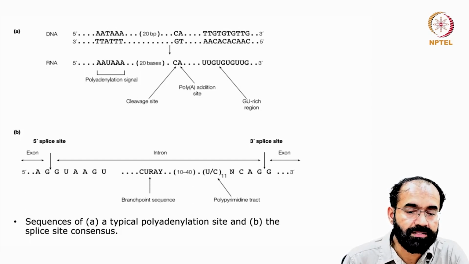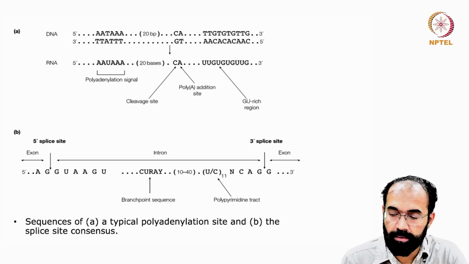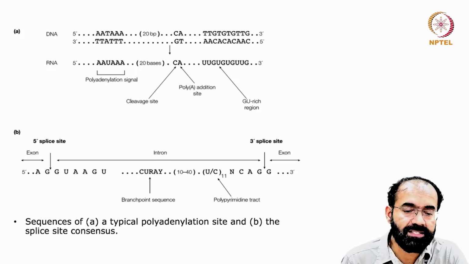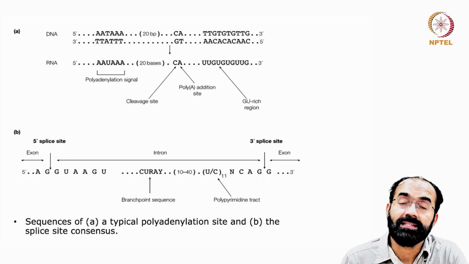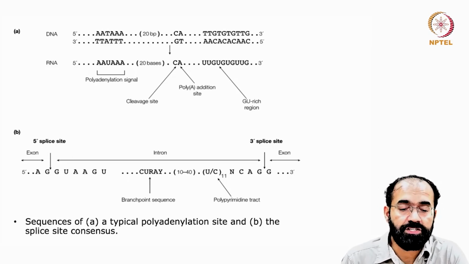Of this sequence, what is important to understand is the polyadenylation signal; we are talking about the extreme end of a transcription unit. AAUAAA is a polyadenylation signal, and then you have any random 20 bases, followed by a CA sequence, which is the cleavage site where the nuclease acts, and much further downstream you have a GU-rich region.